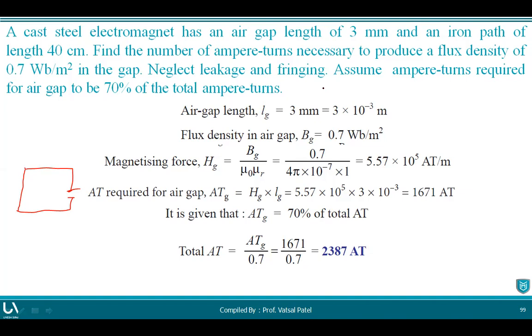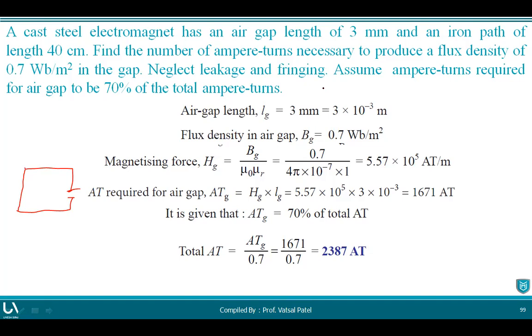So we have to identify the number of ampere turn necessary to produce a flux density of 0.7 Weber per meter square. Now we have to neglect the leakage and the fringing, and assume that the ampere turns required for the air gap are 70% of the total ampere turn.